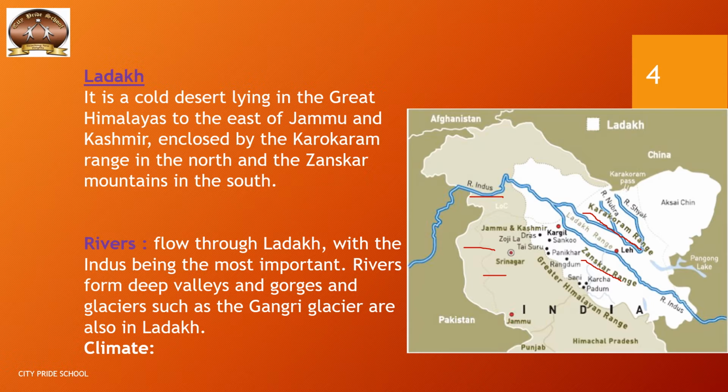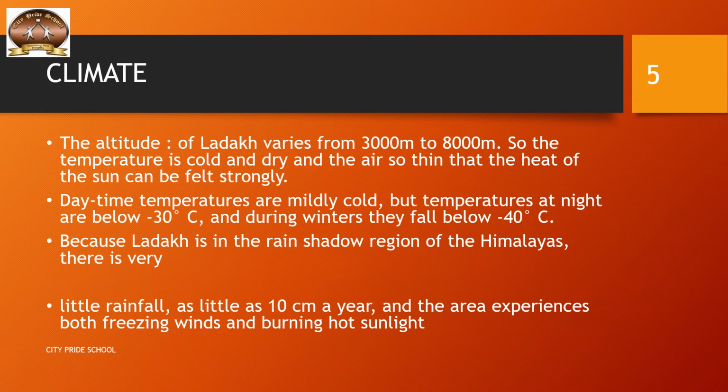For example, Gangri Glacier. When we learn about climate, the climate of a place obviously depends on the altitude also, that is the height of a place. Now, Ladakh altitude varies from 3,000 meters to 8,000 meters, so the temperature is cold and dry, and the air is so thin that the heat of the sun can be felt very strongly.